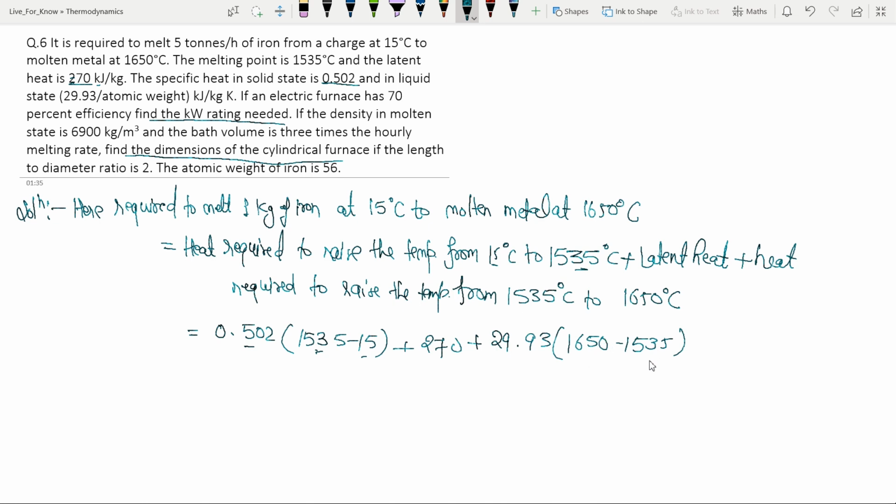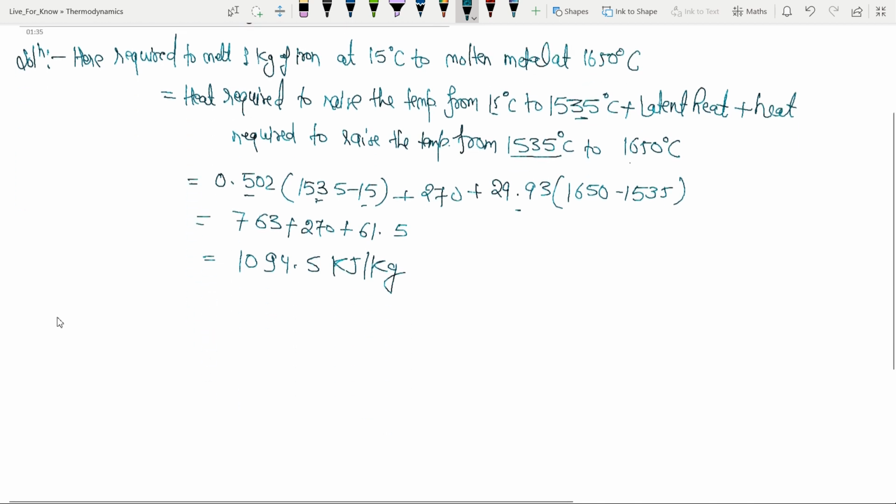So we get 763 plus 270 plus 61.5, which is equal to 1094.5 kilojoule per kilogram.